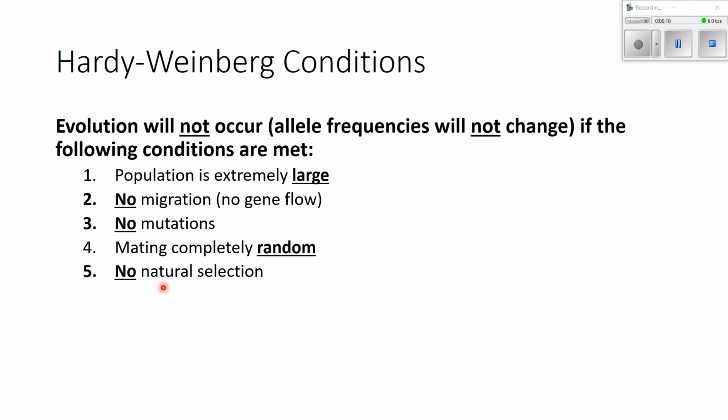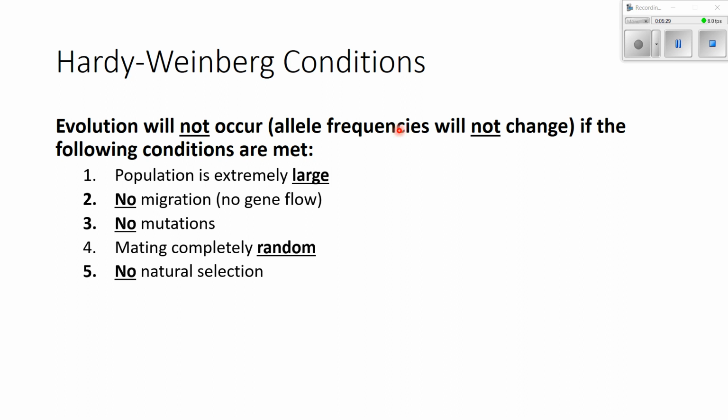And what Hardy and Weinberg are saying is that basically evolution has to occur. It's not a matter of is it going to occur, is it not? It has to occur. Because if any one of these 5 are not true, then evolution will occur.